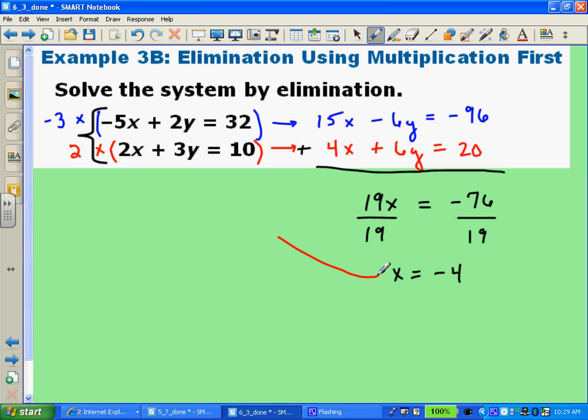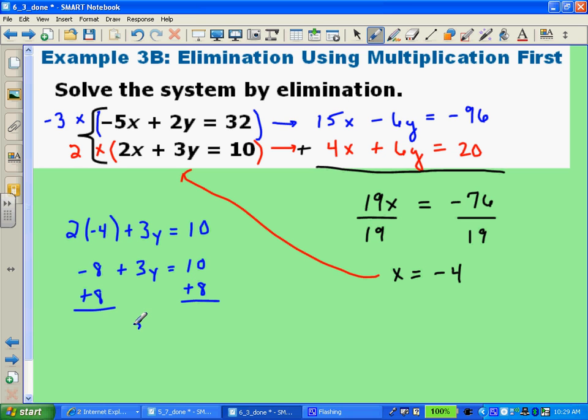Once again, I take that and plug it back into one of my original equations. So I'd have 2 times negative 4 plus 3y equals 10. It's going to be negative 8 plus 3y equals 10, so I'm going to add 8. We get 3y equals 18.